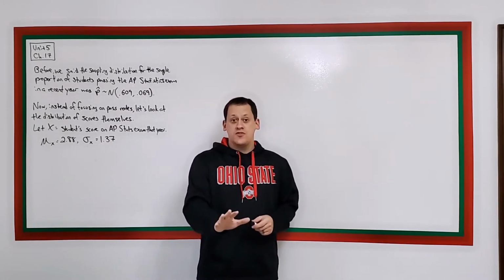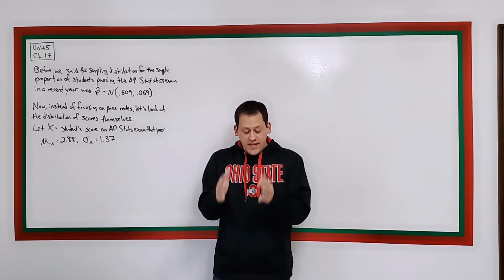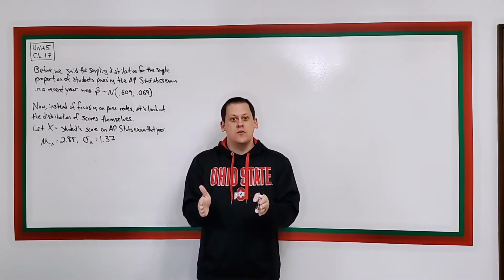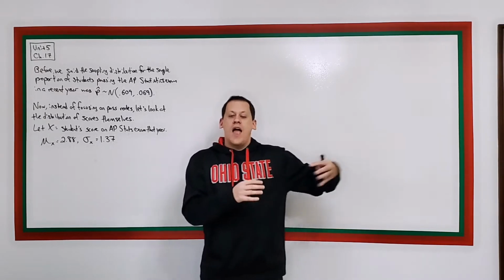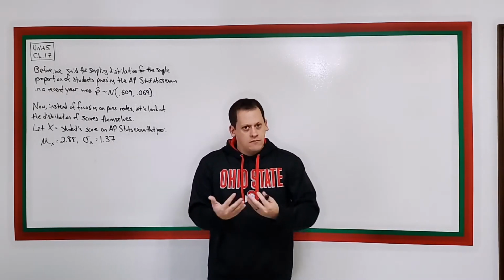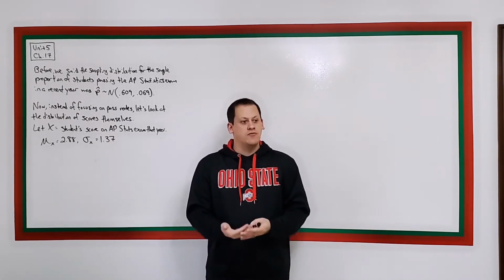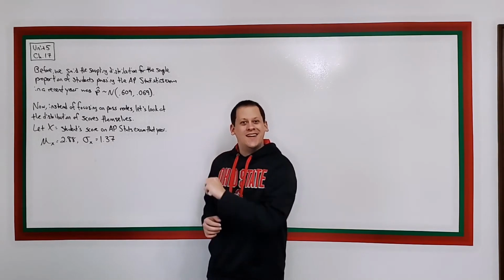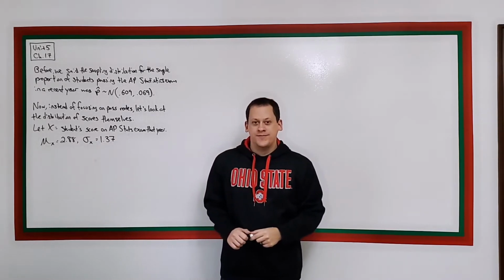Not for the proportion of students who passed, but for each sample of size 50, we could calculate the mean score among those 50 scores, and we could do that for every sample of size 50 from the population. Could we create a sampling distribution for sample means? Yes. Let's talk about how that would work.